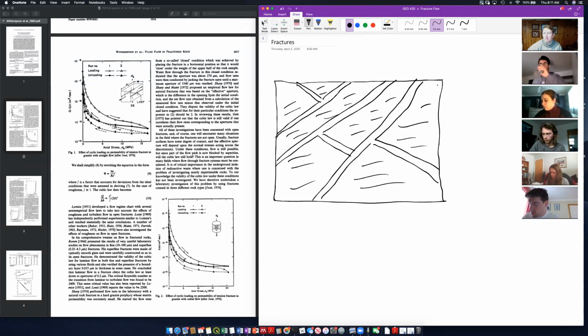But these blocks of intact rock, they get called matrix. And these can basically be any kind of hard rock, all right? And then in between the matrix, we have our fractures.